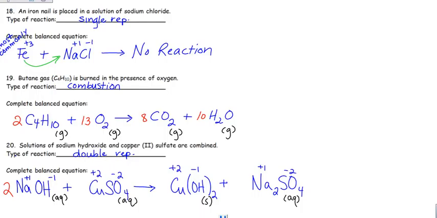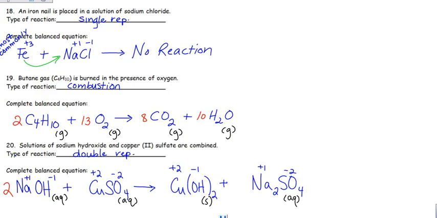And finally, the last crew. Number 18 is a single replacement, but it doesn't work. An iron nail can be placed in a solution of sodium chloride for hours and hours and days, and nothing happens. The iron is always positive. It's a transition metal. They have multiple charges. Its most common charge is +3, which again, that would probably be given to you on a test or quiz or in the lab.